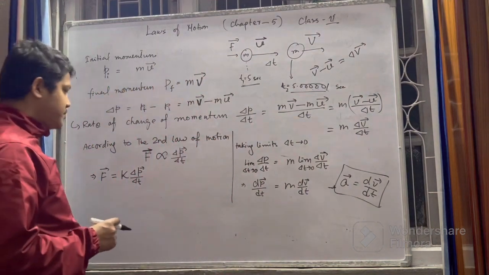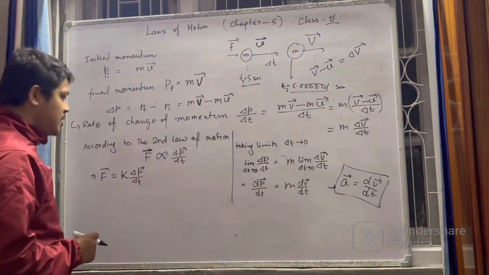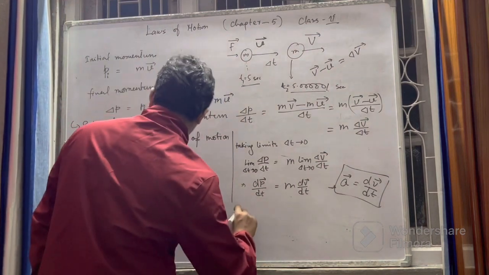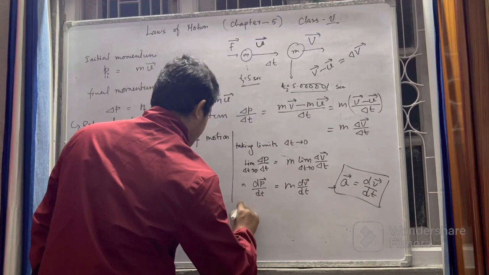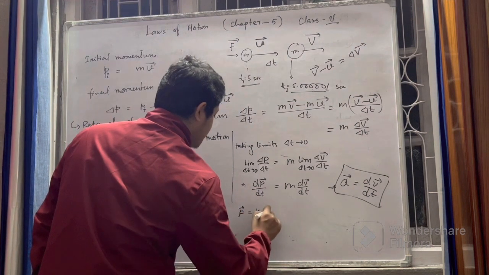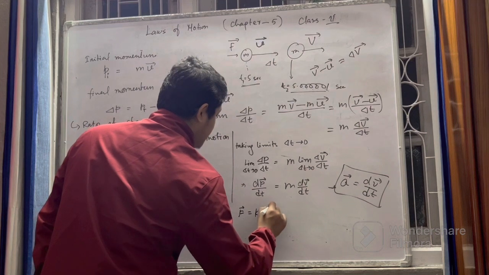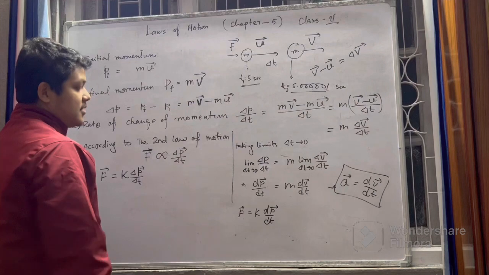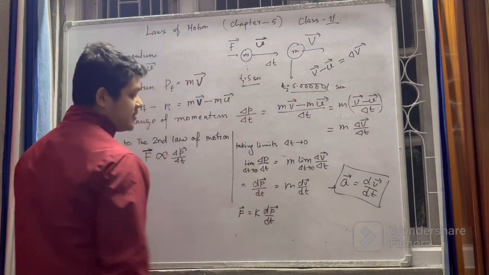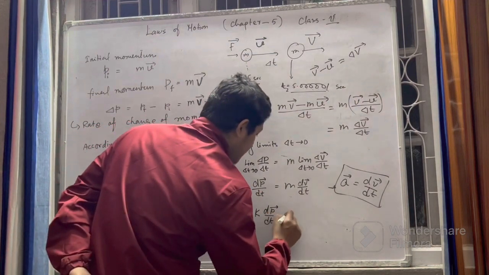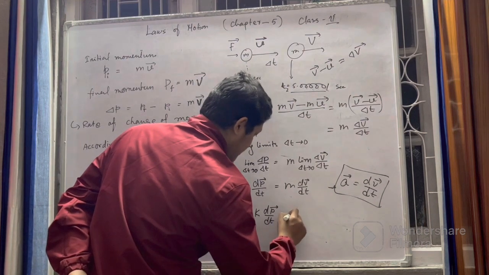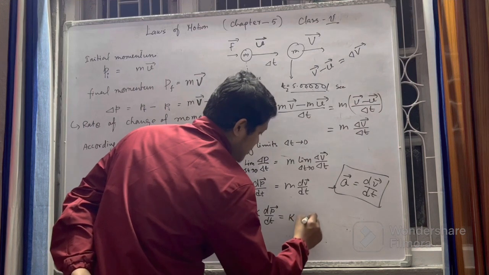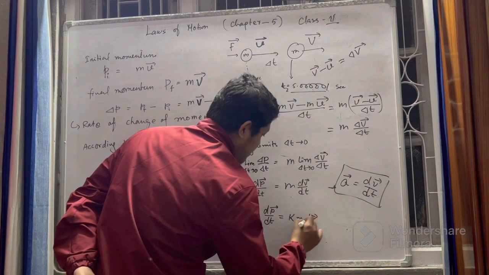So now you see, that's why when you take the limit, you can write F is equal to k into dp by dt, right? dp by dt, which is equal to m dv by dt, right? So if you replace it by m dv by dt, you get k into m dv by dt.